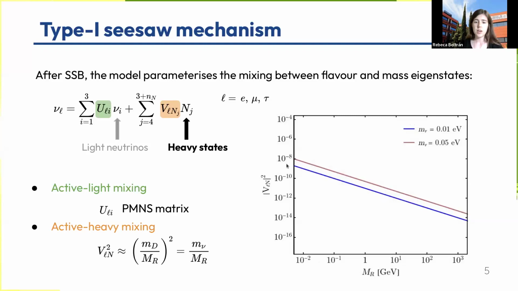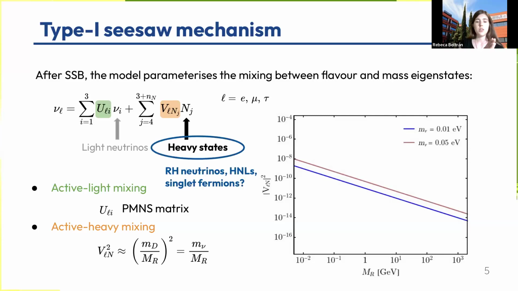We can observe that it is quite small in this mass range, but the fact is that no matter how small it is, what we know now is that these heavy states, which were complete singlets, now mix with the neutrinos and therefore interact with other standard model particles.